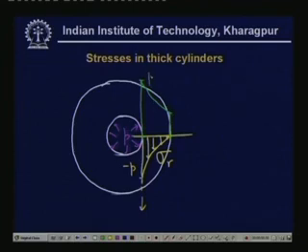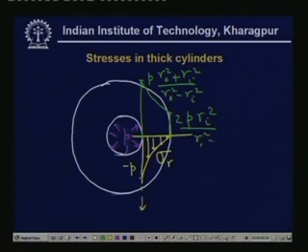Here this value is P times Ro square plus Ri square divided by Ro square minus Ri square, and here it goes to twice P Ri square divided by Ro square minus Ri square. So these are the stresses. This is sigma theta. So now these are the two kinds of stresses which are there.